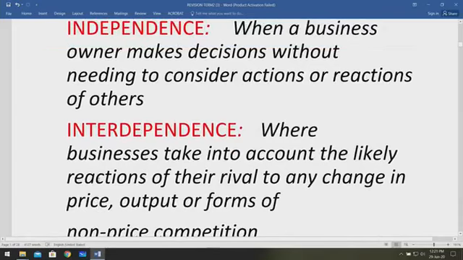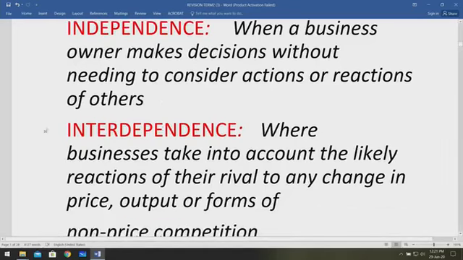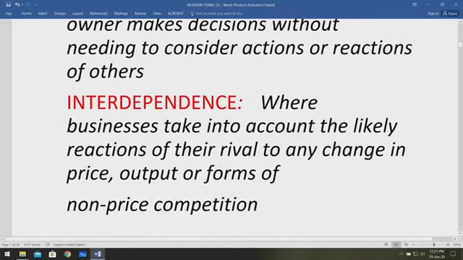forms of non-price competition. So if you look at the difference between these two, independence would be where, for example, a monopoly is the sole producer within the market, so he'll make all his decisions without considering how it's going to affect anybody else because he's got no competitors to consider. Whereas within an oligopoly market, we have what we call interdependence, where the decisions made by one have some effect on their competitors.